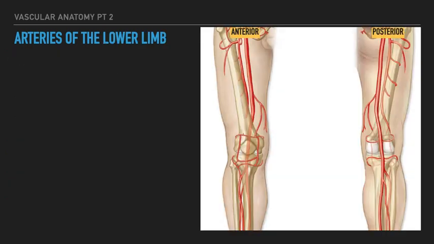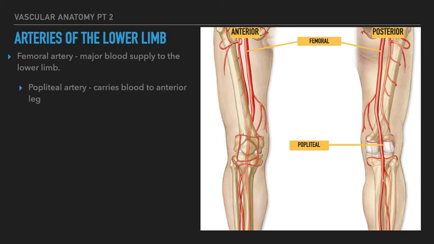Right, moving down to the lower limb. So from the external iliac artery, the blood moves to the femoral artery, also known as the common femoral artery. The femoral is the direct continuation of the external iliac artery, and it constitutes the major blood supply to the lower limb. It continues on as the popliteal artery, which carries blood further down the limb.